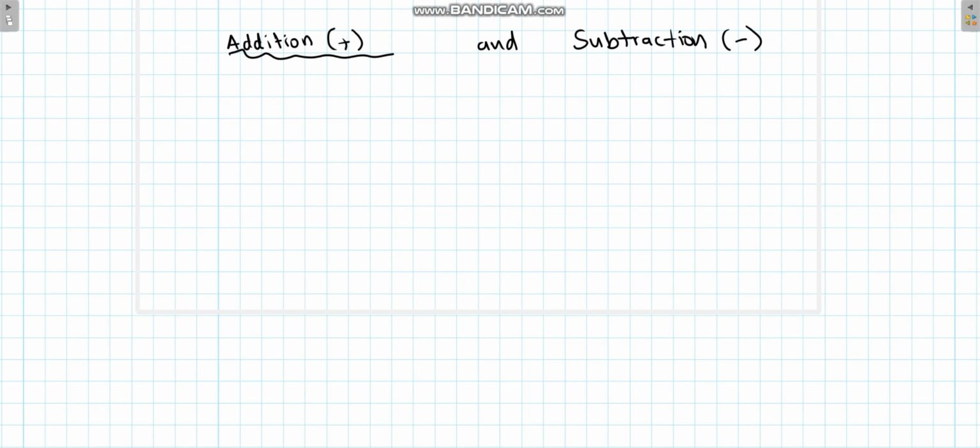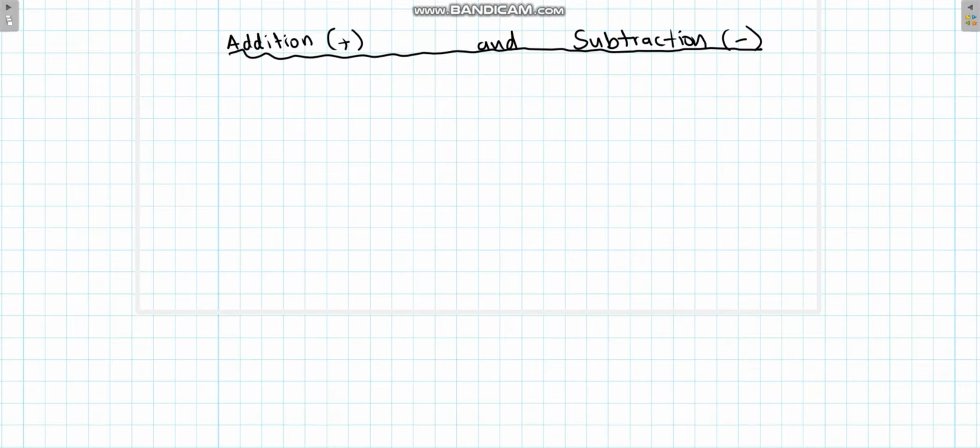Okay, so now adding, addition, and subtraction. Now that we are adding here, subtracting here. Okay, so now let's check.